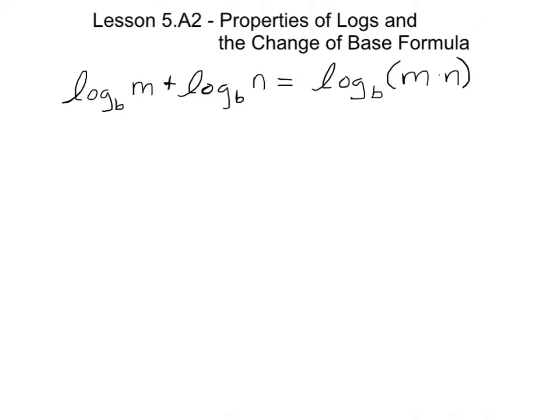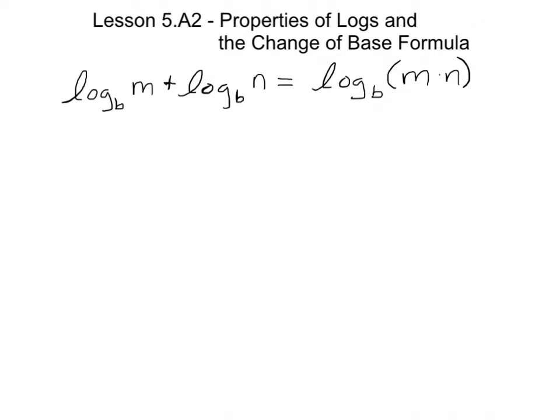And understand, this thing works both ways, and I'm going to show you the examples in just a minute. It also says if you have a logarithm of something that is a product, you can break that into two logarithms by just taking the log of each of the factors individually.